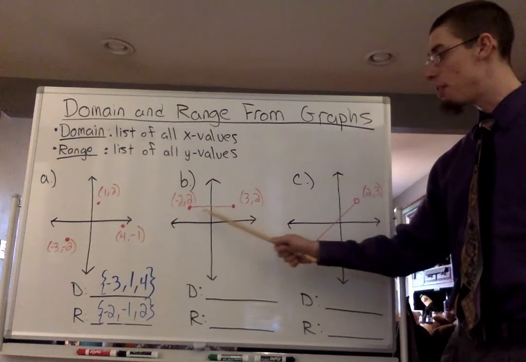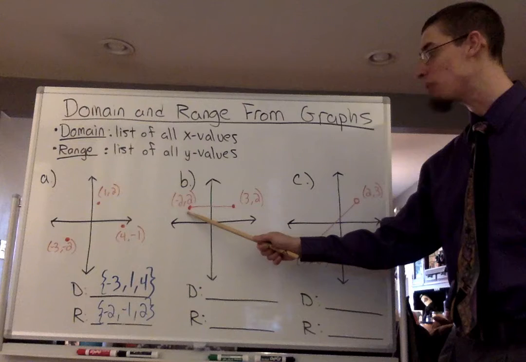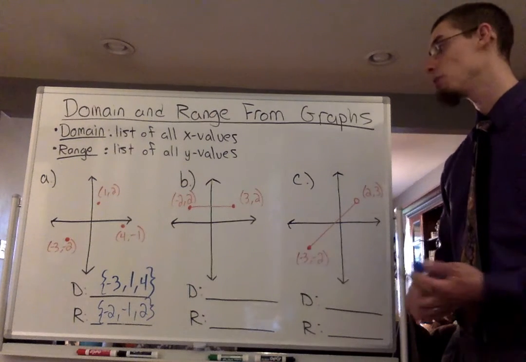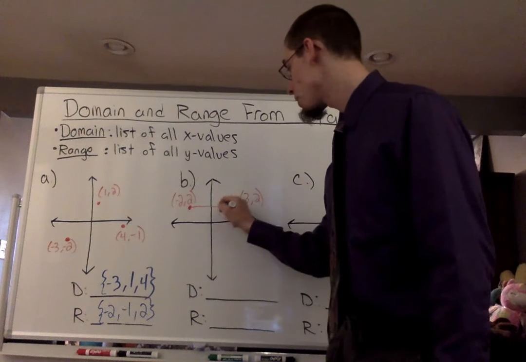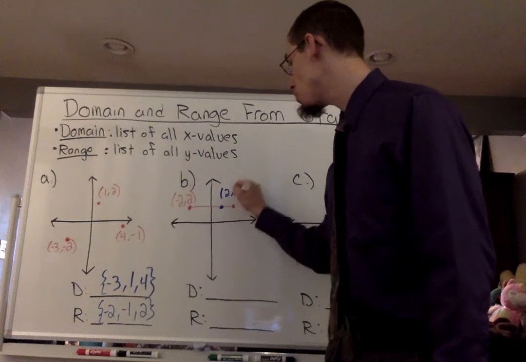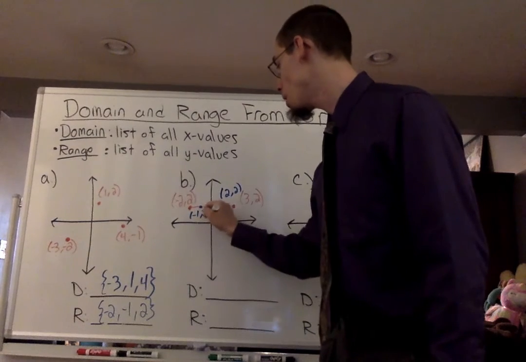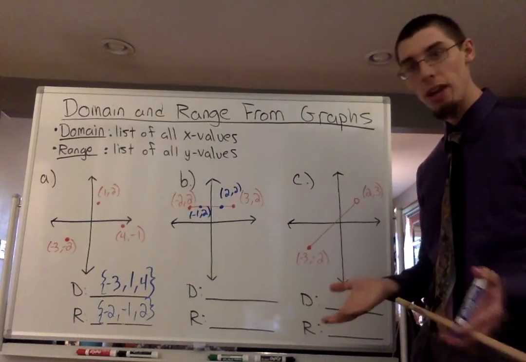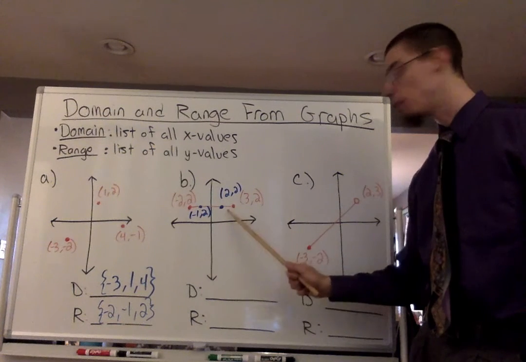This graph represents every point in between -2, 2 and 3, 2. That means you can get points like the point 2, 2, or the point -1, 2, and everything else in between. Every point in between these two is on the graph.